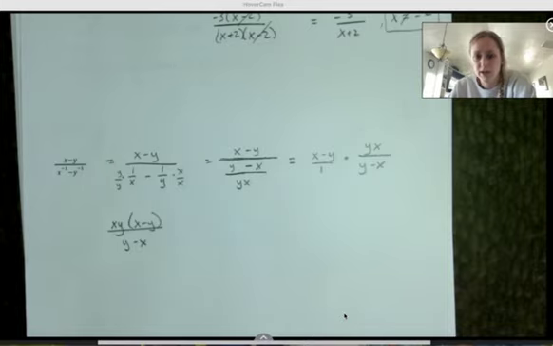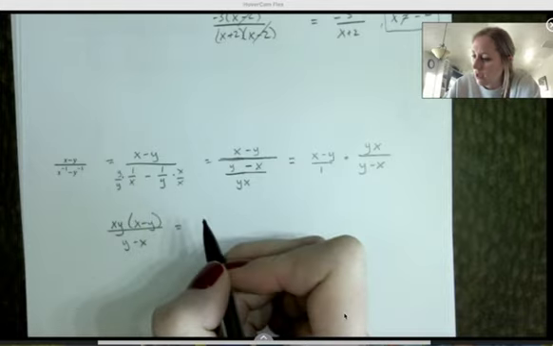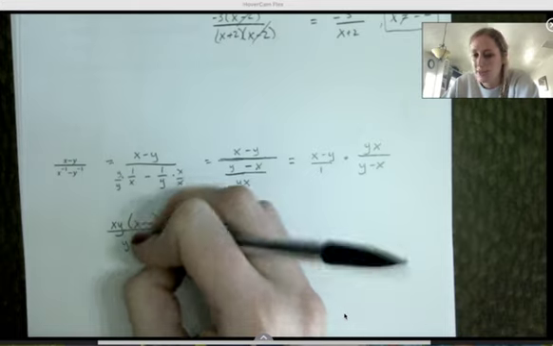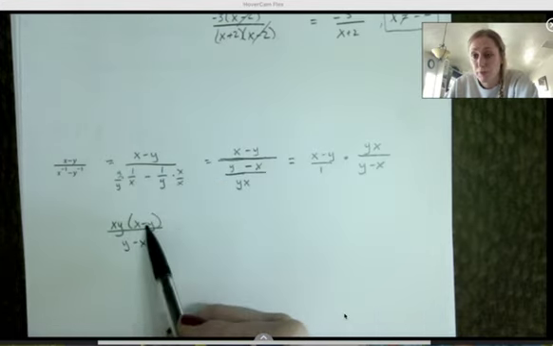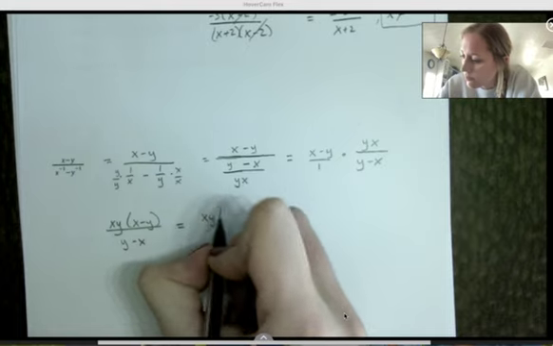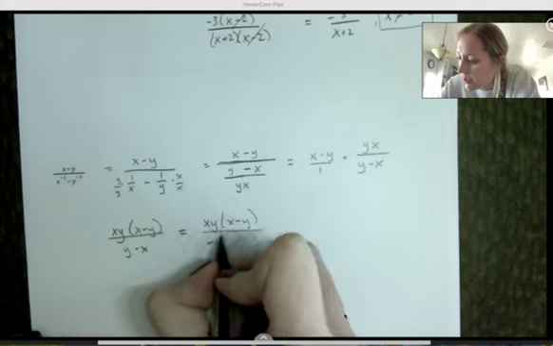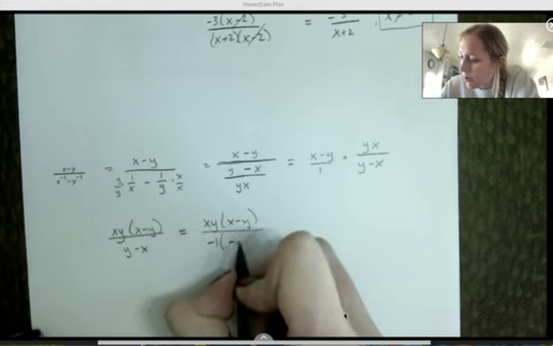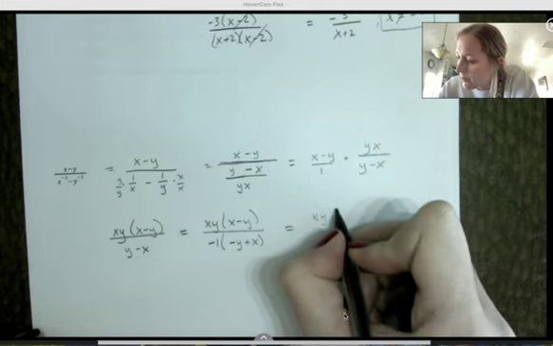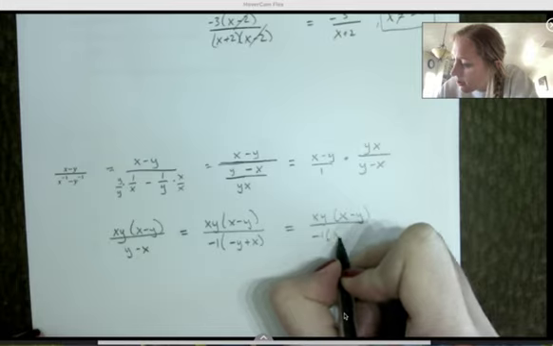Okay, now I could distribute here, that's fine. This is okay, or I'm actually going to factor out a negative 1. So these are super, super similar. If I factor out a negative 1, then I get negative y plus x, which equals xy over x minus y.